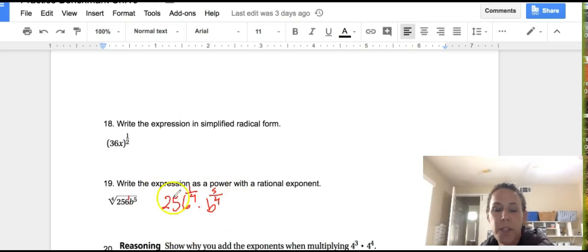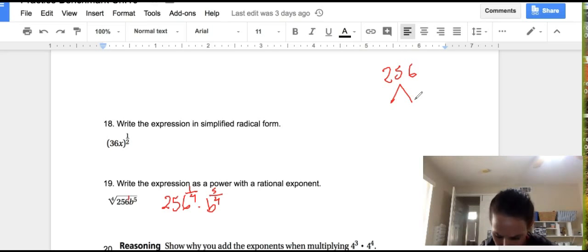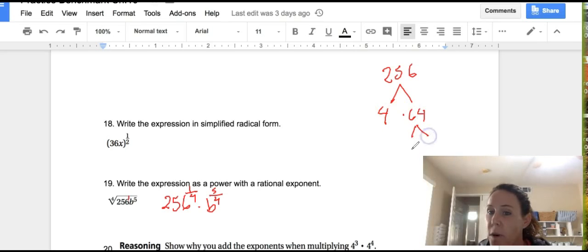Now this would be finished except I can reduce this. 256, I know 4 goes into 256. Let's see if this is 4 to the 4th power, because if it is, then I can work this out. If I do 256 and divide it by 4, I'm going to get 64. Oh, it is. 64 times 4, and then 64, I can break that up. If I divide 64 by 4, it's 16, which is 4 times 16.